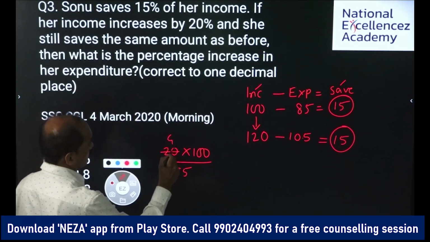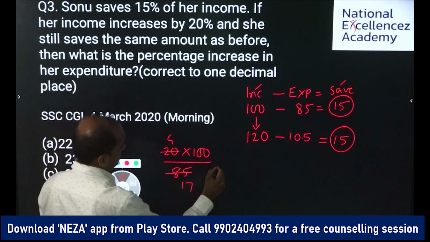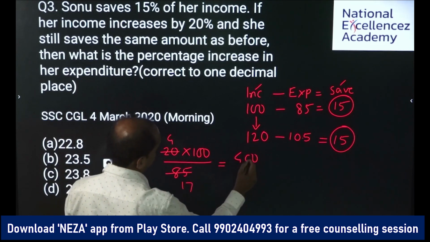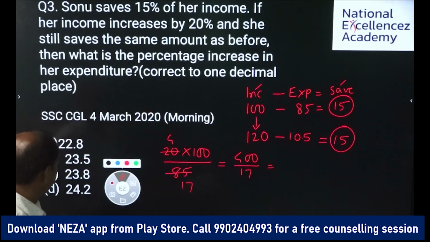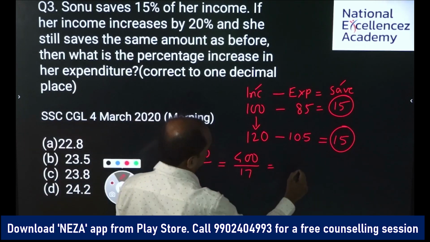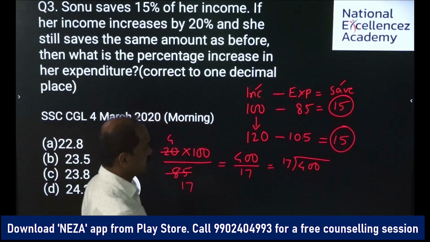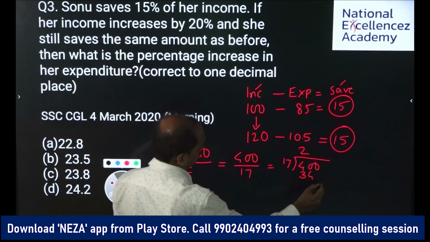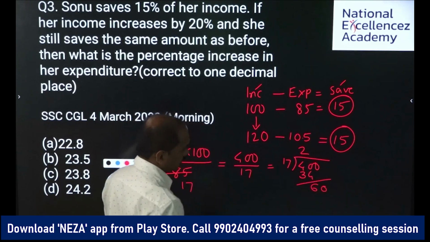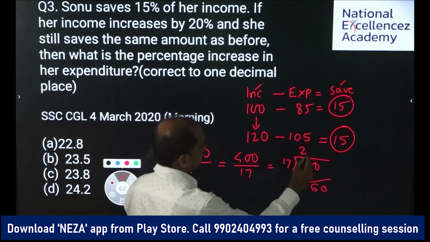5 4s are 20, 5 17s are 85. 4 into 100, 400 divided by 17. This will give you the final answer. 400 divided by 17. 17 2s are 34. 17 3s are 51.